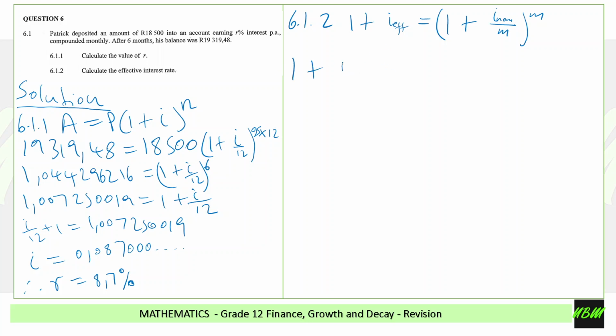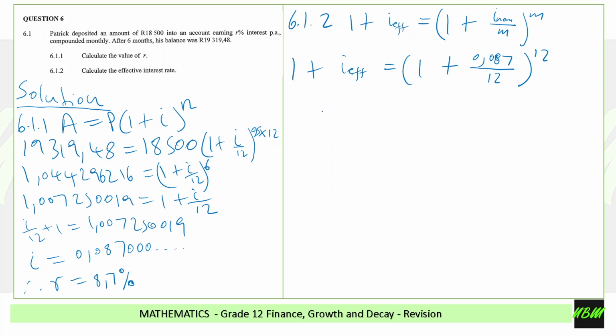So we have 1 + i effective is equal to 1 plus the nominal interest rate. We have just calculated it, 8.7% as a decimal, 8.7 divided by 100, 0.087, divided by m, the compounding periods. This is compounded monthly, therefore m will be 12, to the power of 12.